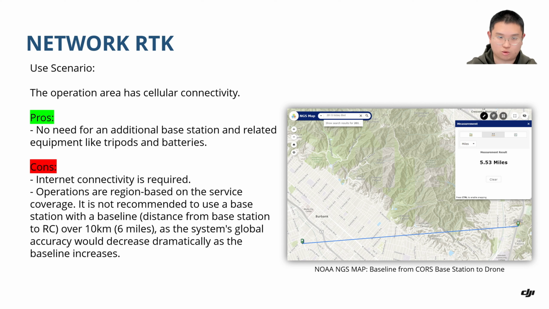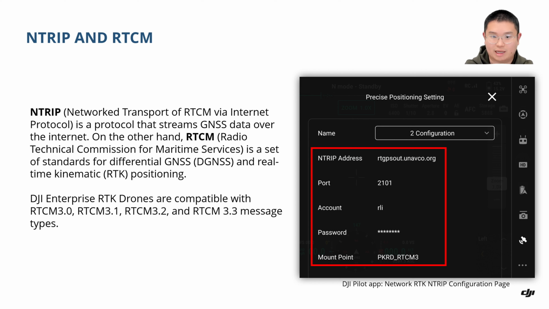Okay, before I move on to the next RTK connectivity method, I do want to spend some time here talking about the standard of network RTK connectivity and the network protocol we use to establish a connection with third-party RTK networks. We use NTRIP. NTRIP is commonly used for streaming differential GNSS data, that is the RTCM file, over the internet.